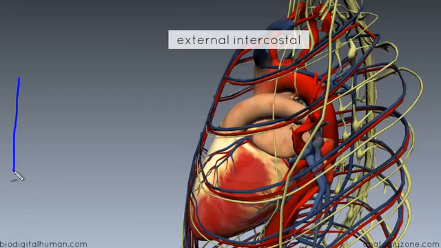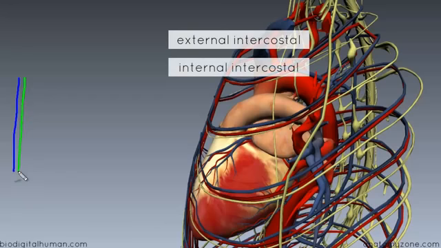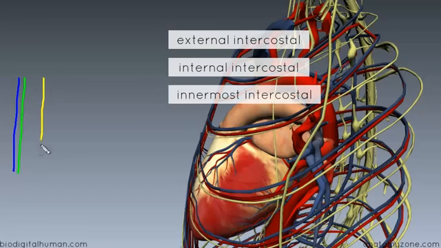Then underneath that you've got the internal intercostal, and then the next muscle down is the innermost intercostal, and between these two muscles you've got the neurovascular structures. So at the top you've got the vein, and then you've got the artery, and then you've got the nerve.